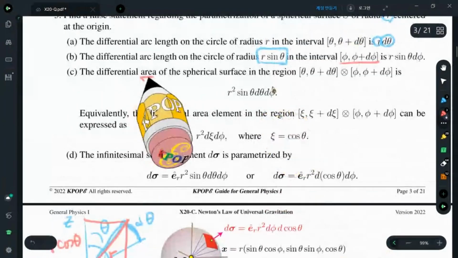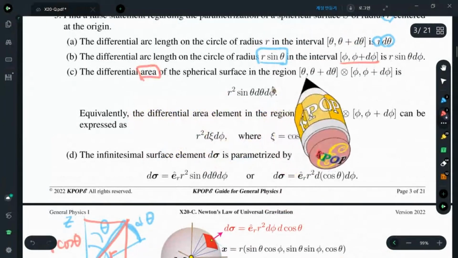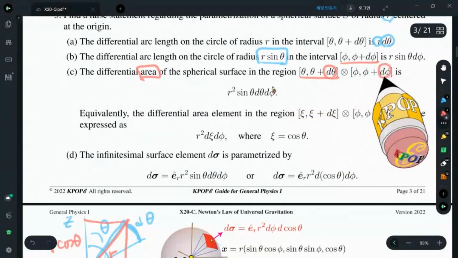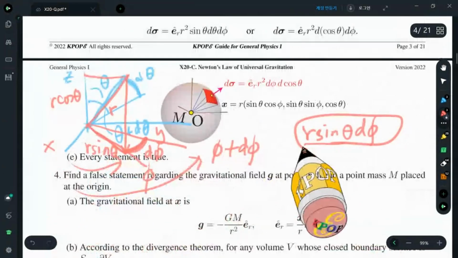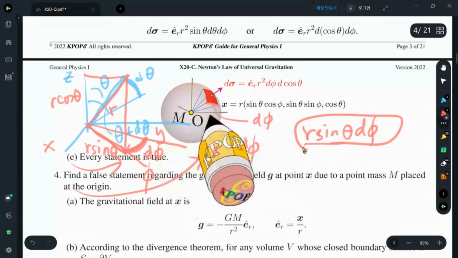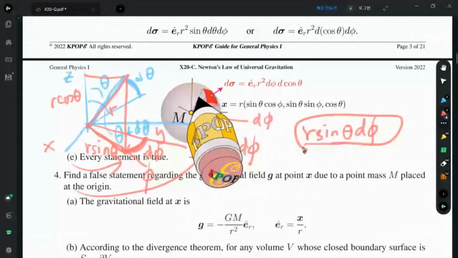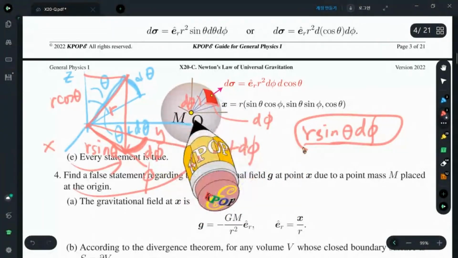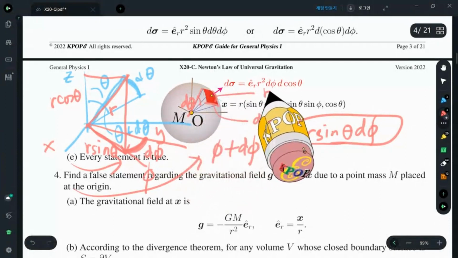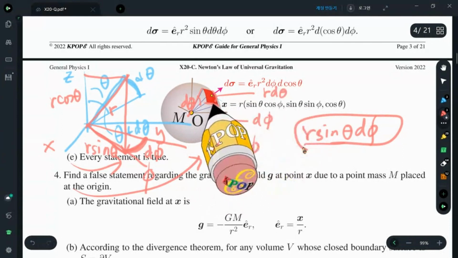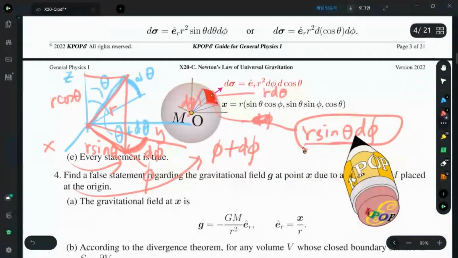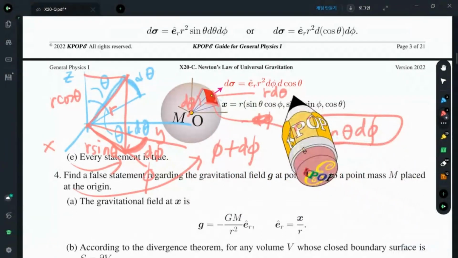The differential area of the spherical surface in the region d theta and d phi. Okay, this is a d phi angle, and this is a d theta angle. In that case, this side is r d theta, and this side is nothing but r sine theta d phi.